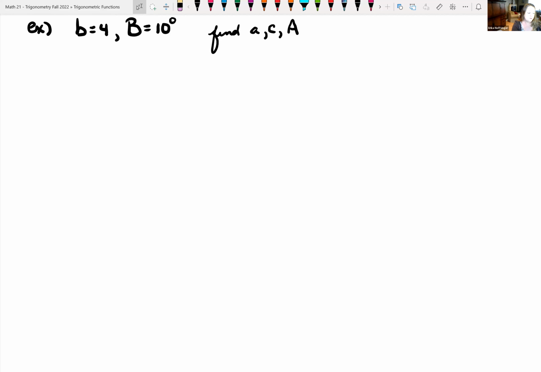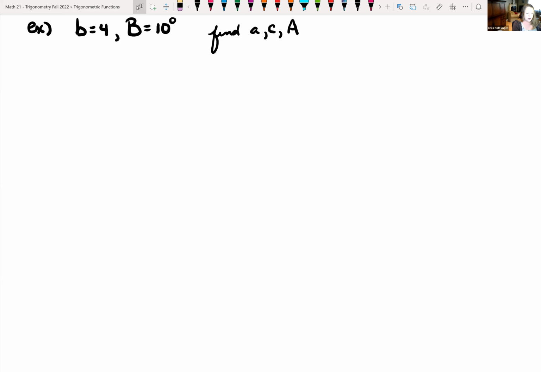We have little b. Remember, little letters are our sides, and those were across from the capital letter, which denoted the angle. We have little b equals 4 and capital B is equal to 10 degrees. We're given that this is a right triangle and we want to find sides A, C, and angle A.